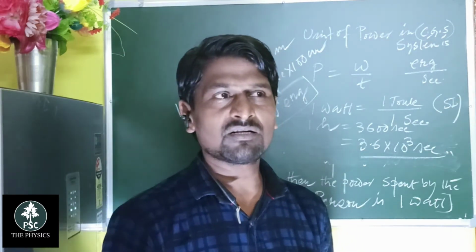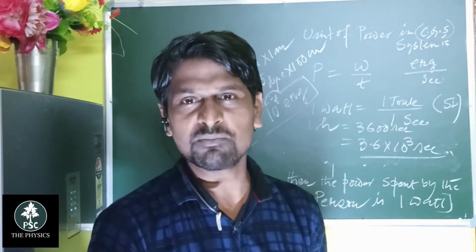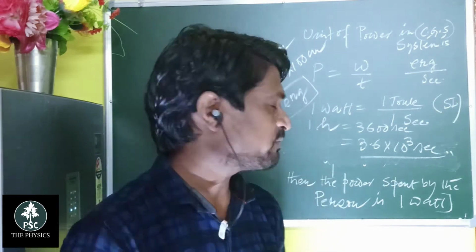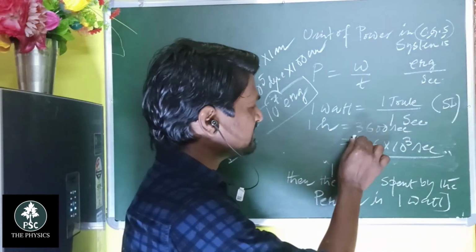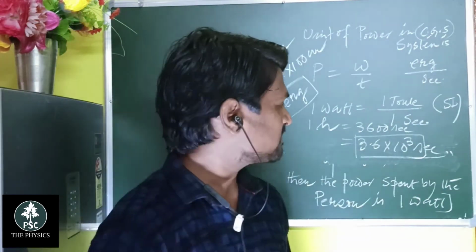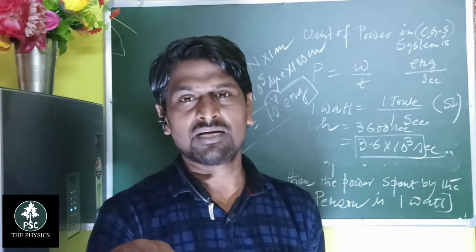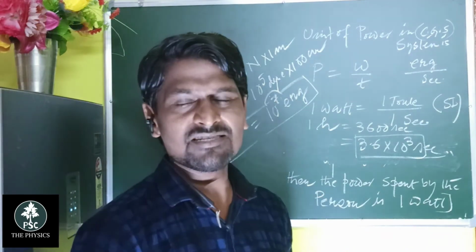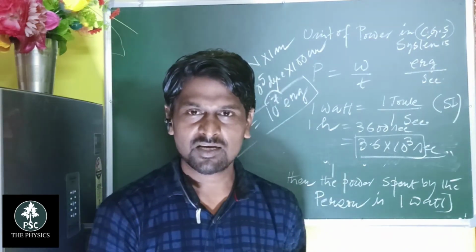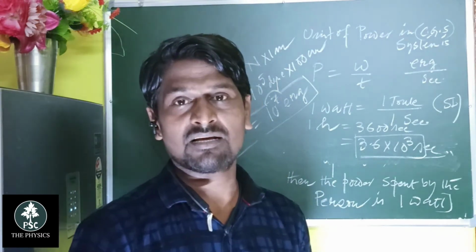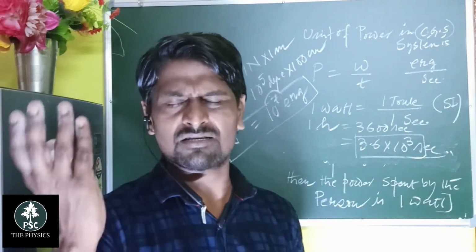So driver, is it possible for him to imagine that or not? No, because this is a scientific method, and that driver cannot realize it. He can realize 1 hour easily. But if you say you have to come in 3.6 into 10 to the 3 seconds, then he is puzzled.